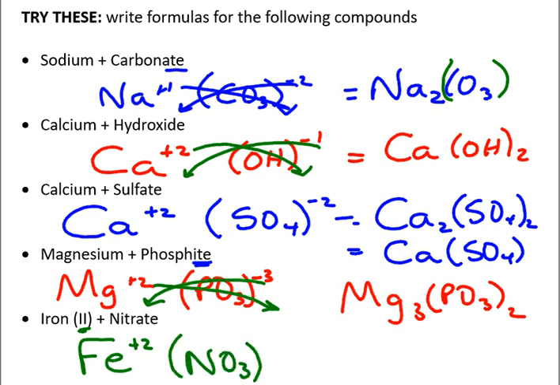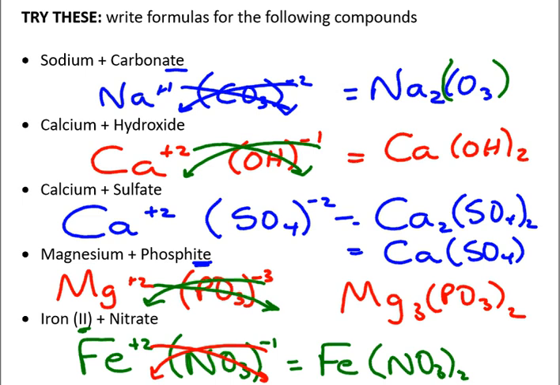Charge is -1. When I crisscross and put this 2 here and this 1 there, I end up with the formula Fe1, which I don't have to write, (NO3)2. This would be named iron 2 nitrate. Because iron is a transition metal, it still needs to have a Roman numeral.